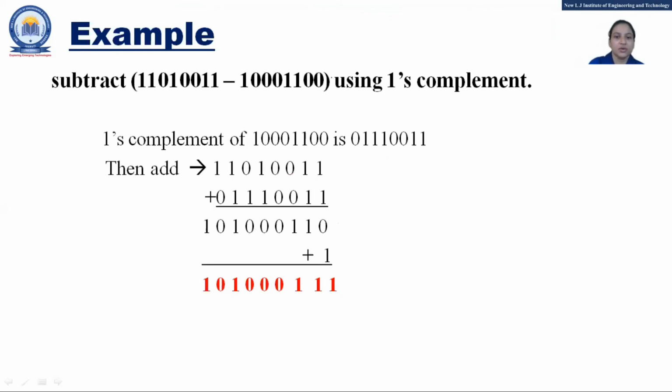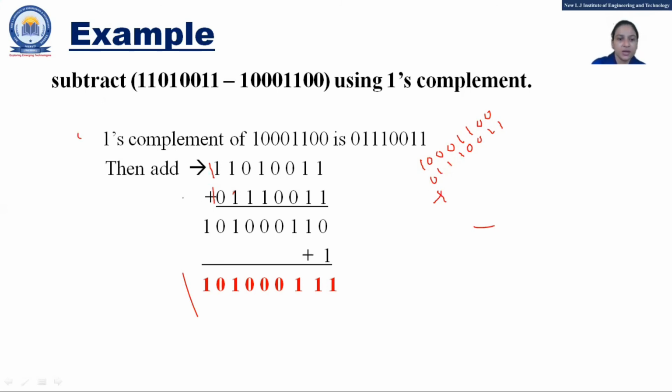Now let us look at an example. We have to subtract using the 1's complement. The number is 10001100. Its 1's complement is 01110011, which we have to add to the first number. As you can see, our first number is this, and this is our 1's complement.